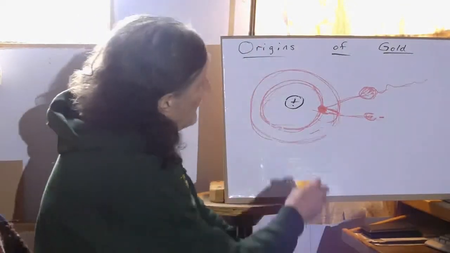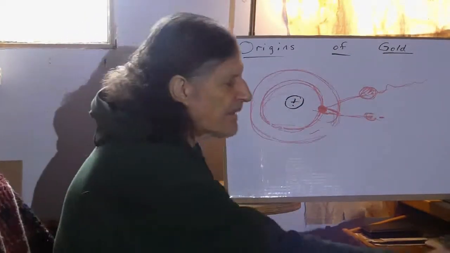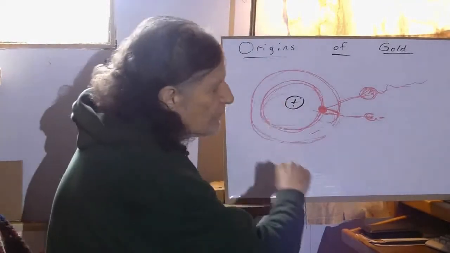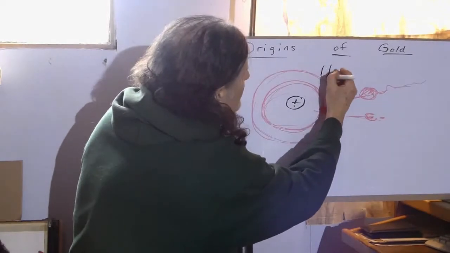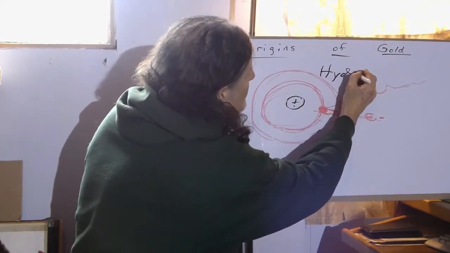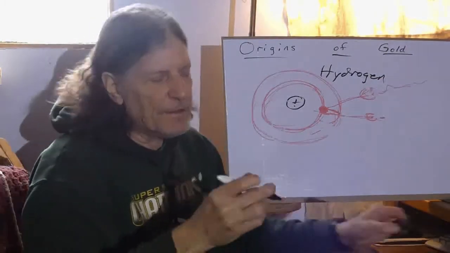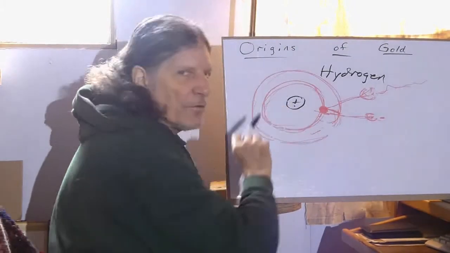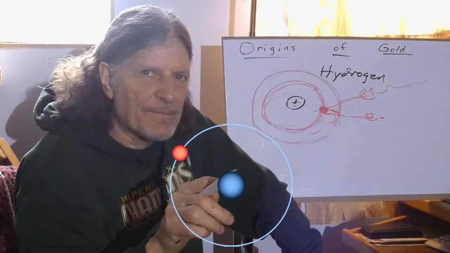Anyway, this is just to show the entire universe. God created the entire universe with one particle. This is called what? Hydrogen. Everything in the universe is based on a single particle. God created one particle.